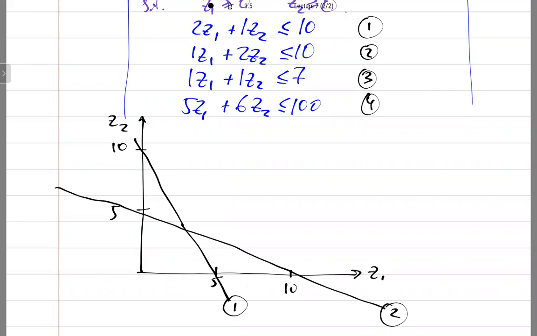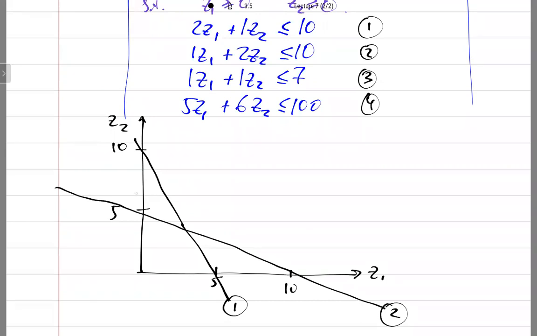The next line, I need to be a little bit careful where 7 is located. 7 is a little bit closer to 5 than to 10. So be careful, because how many intersections do you have on this line? It's important.